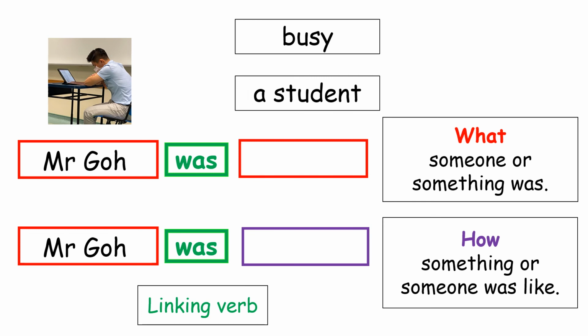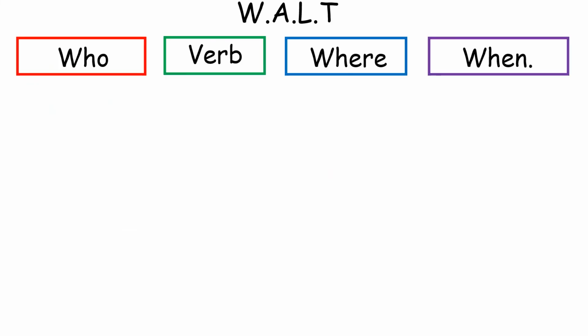Or a student, does it go to how it was like? Mr. Goh was a student. It tells you what Mr. Goh was. So Mr. Goh is no longer a student. He was a student. And Mr. Goh was busy. It tells you how someone was like. He was busy. Now he's not. So this is another sentence structure you can try on your own.